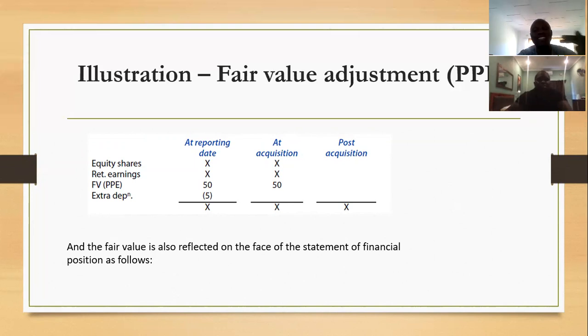As long as we are using these assets, we will need to depreciate them. So that extra depreciation of 5 is actually going to be deducted from 50. And the way you got it, obviously, was your 50 divided by 10 years and gave you 5 as depreciation.